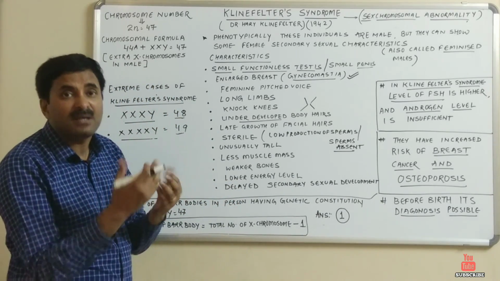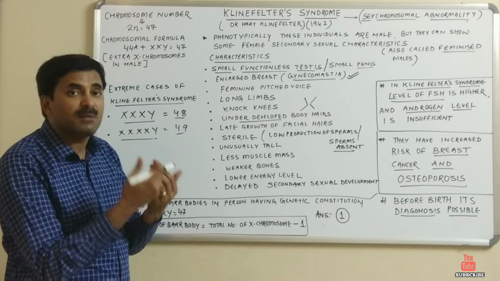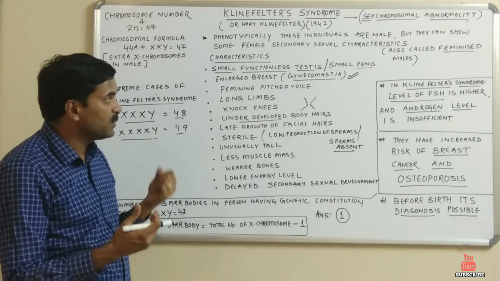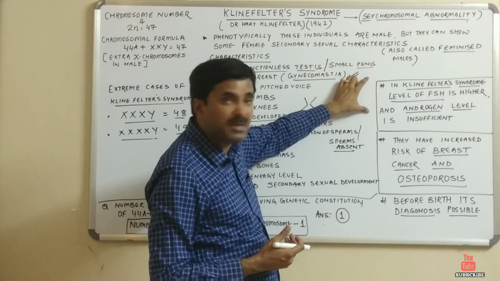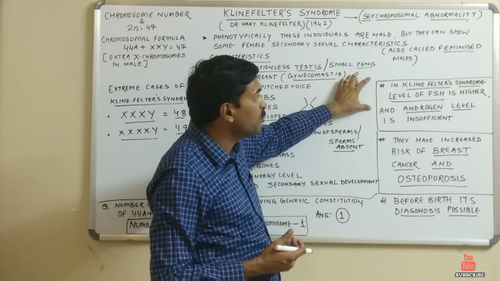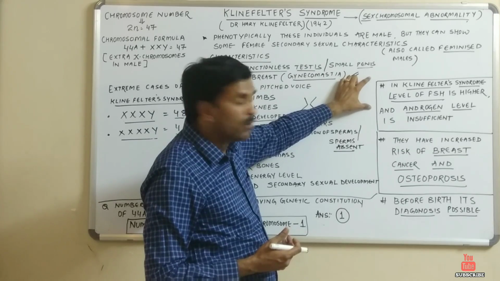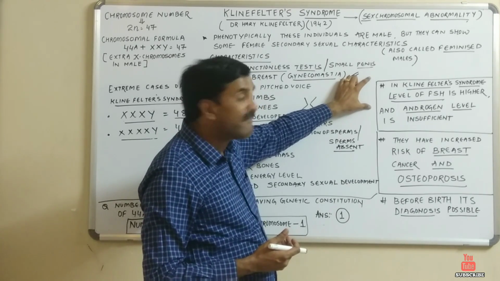In a normal male, the secondary sexual characteristics develop at the age of puberty, but in them there is delayed secondary sexual development. Okay, not only this, sometimes the question is asked in examinations about the hormone levels in Klinefelter syndrome. So a male suffering from Klinefelter syndrome has a high level of FSH hormone.